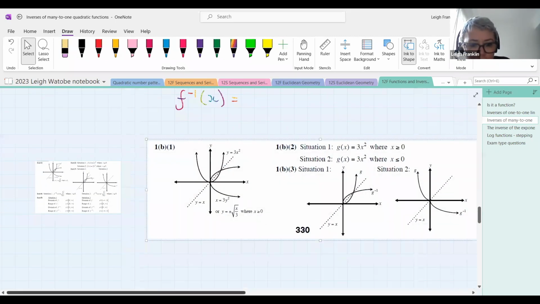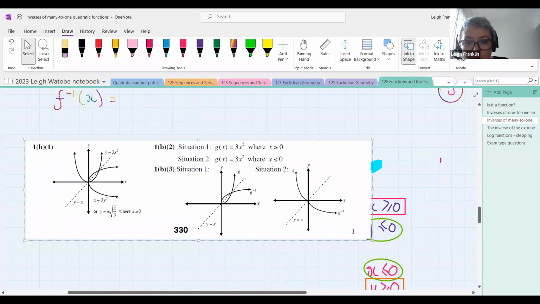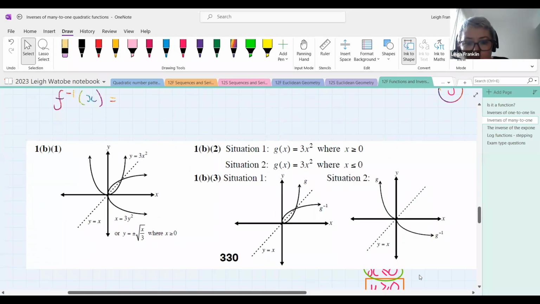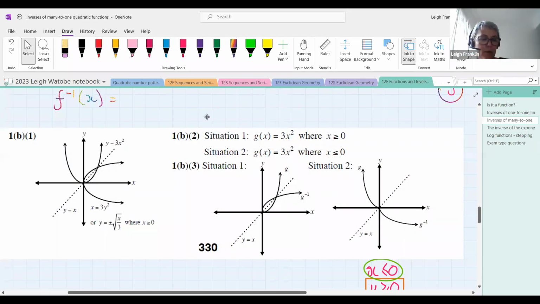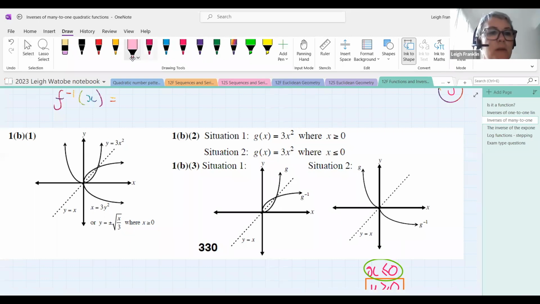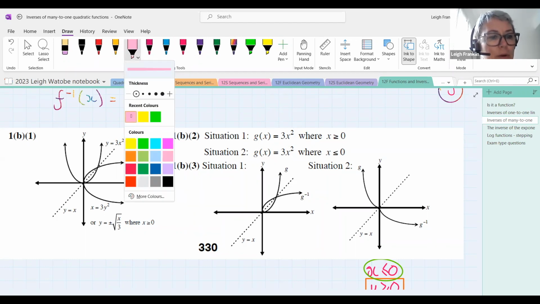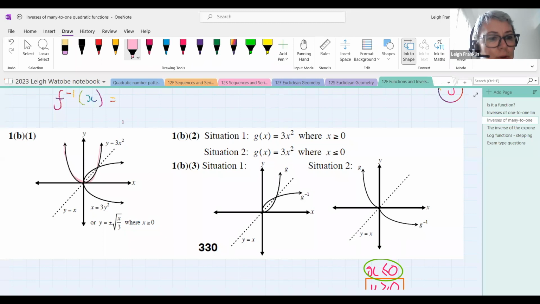So as far as your answers were concerned, there are your 3 graphs. Part number 1, right there is our original function, y equals 3x squared. That's this one here in pink. And our inverse relation, y equals plus or minus root x over 3, would be that graph over there.